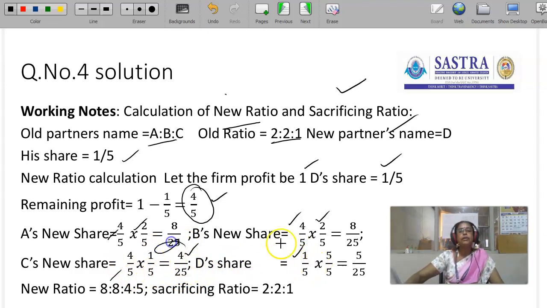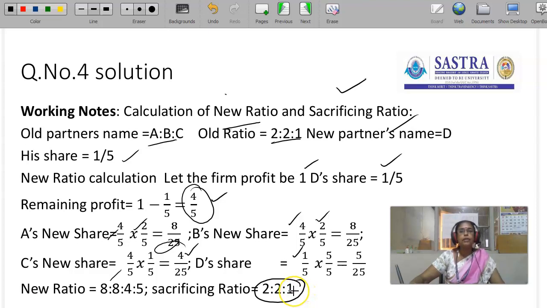The denominator is 25, and so it should be multiplied by 5/5. So the new ratio of the partnership firm is 8:8:4:5.